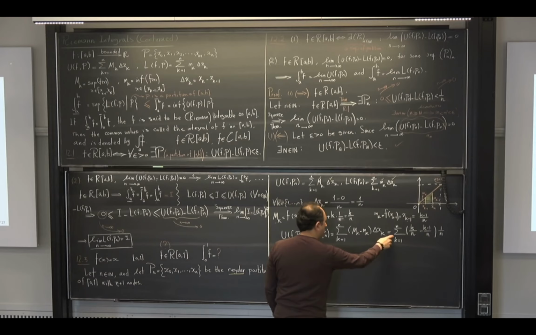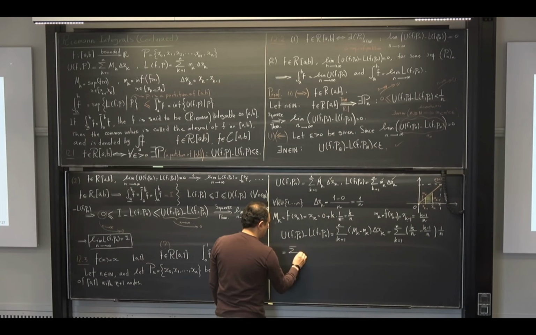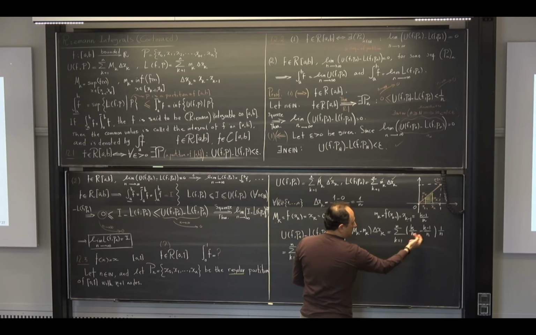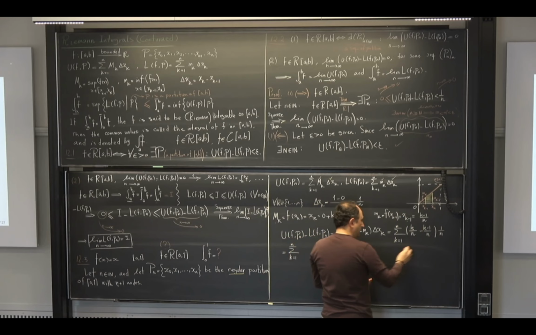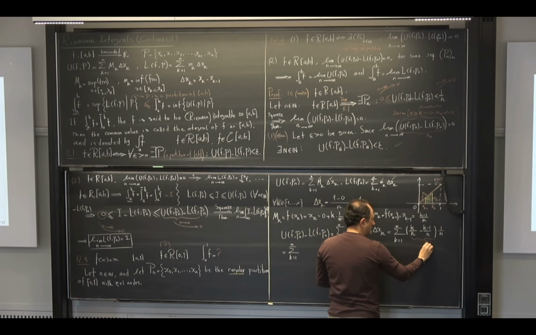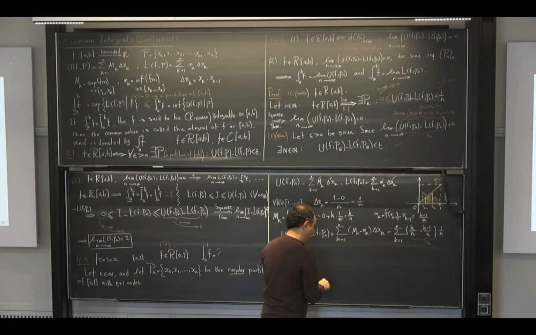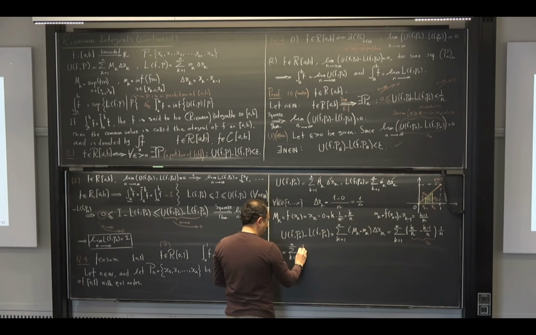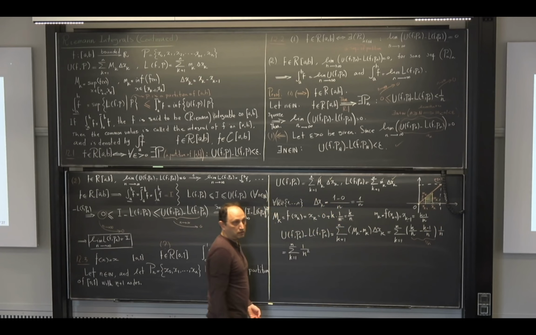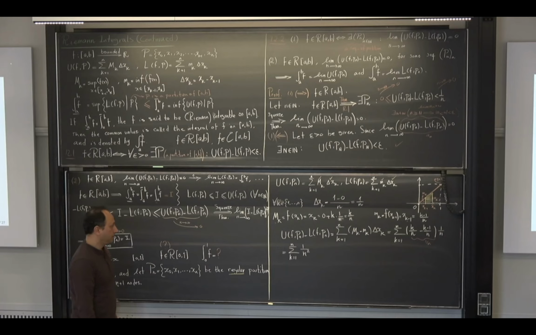So this becomes sigma, k goes from 1 to n. Do you agree the difference between them, the denominator is 1, the difference is 1. So it becomes 1 over n multiplied by another 1 over n, 1 over n squared. So what is this sigma? Can you help me?